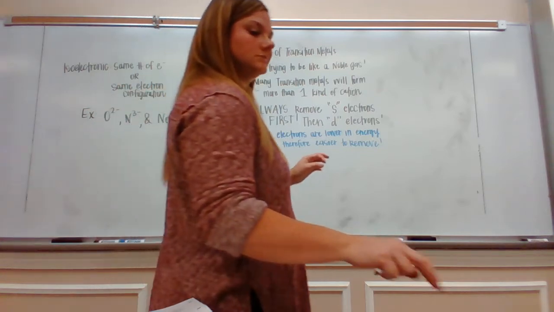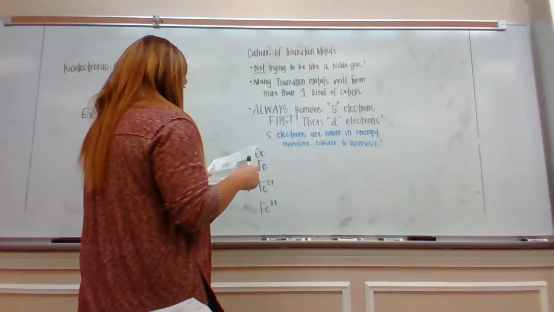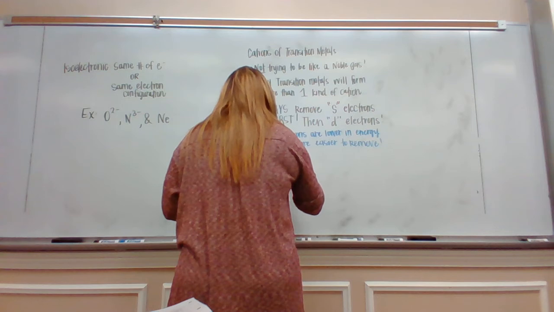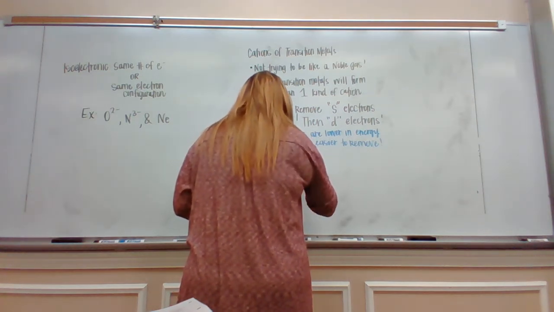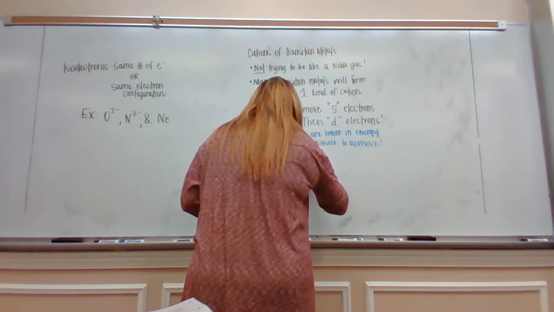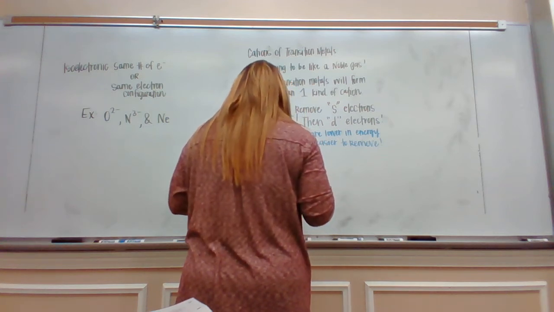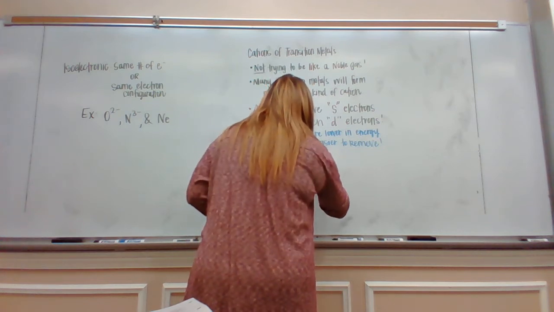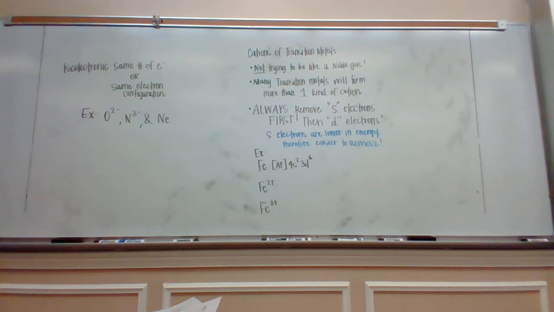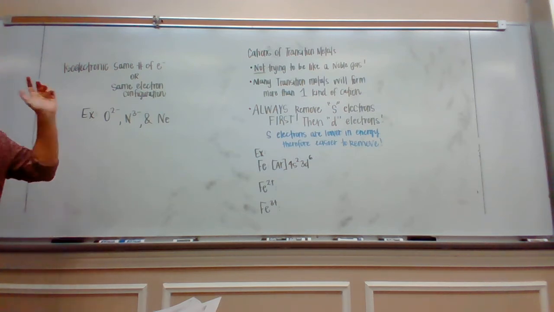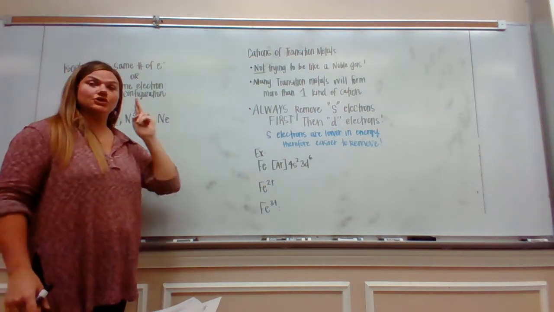Iron. I'm going to write its normal electron configuration real quick. So normal iron is argon 4s2 3d6. There are two common cations for iron. There's a 2+ and a 3+. All right, so the 2+, I take 2 electrons away.